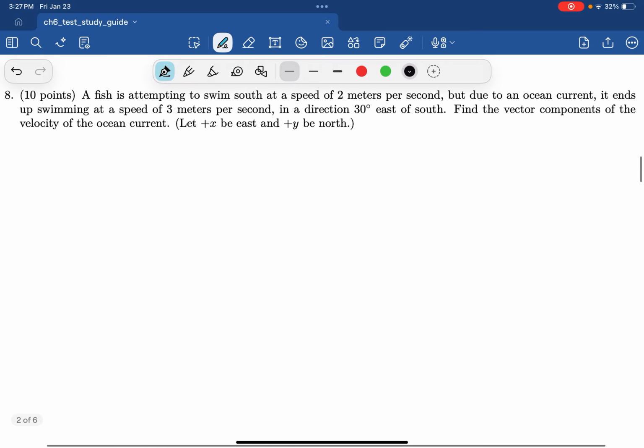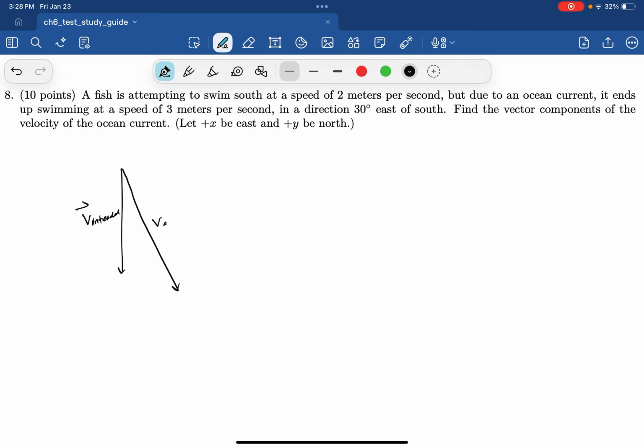A fish is attempting to swim south at a speed of 2 meters per second. But due to an ocean current, it ends up swimming at a speed of 3 meters per second in a direction 30 degrees east of south. Okay, so this is V intended.